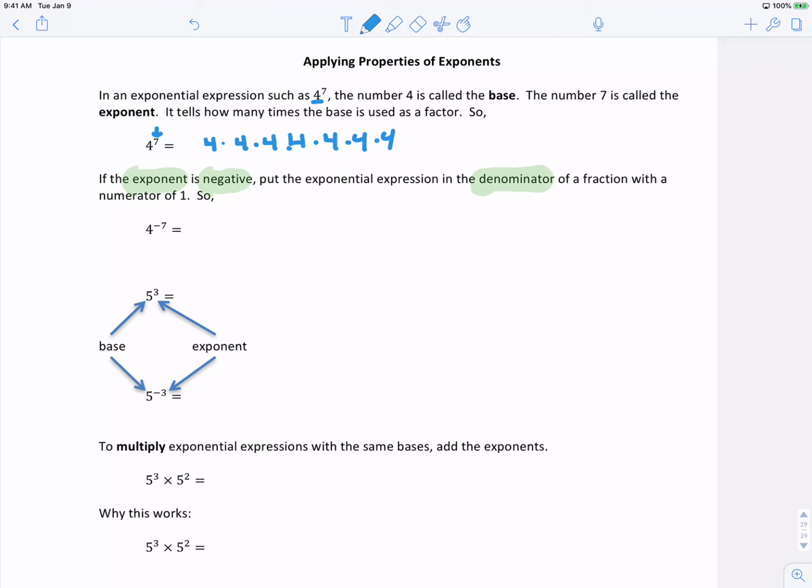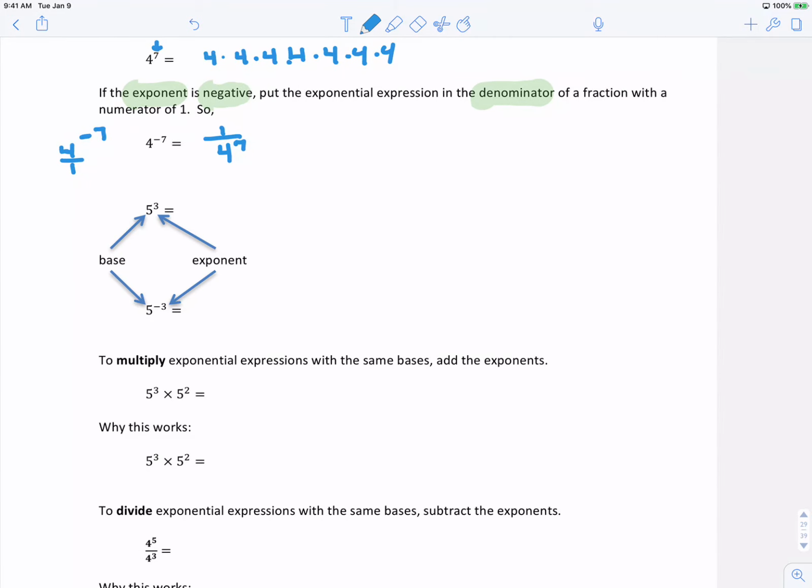So this 4 to the negative 7 is just 1 over 4 to the positive 7. I would flip the base. Now, being the base is 4, or 4 over 1 to the negative 7th, the negative tells me to flip the base, and then I would go to the positive exponent and get whatever we get for 4 to the 7th.